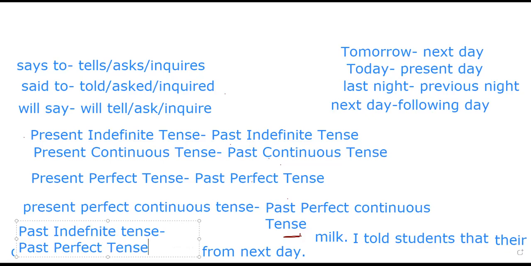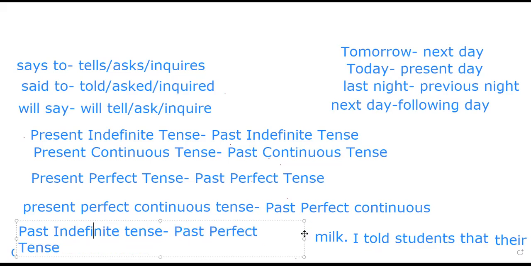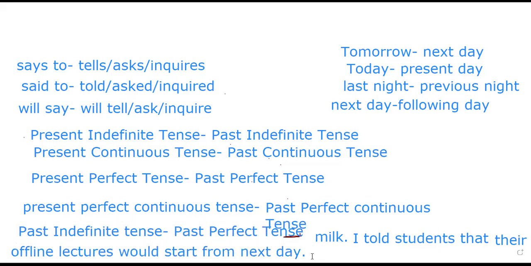Okay, so you need to know that not only present perfect changes into past perfect, but past indefinite tense also changes into past perfect tense. Okay, so these are the things. Besides, there are many more things to know. It's not the end of direct indirect speech. I hope you have noted down these many things.